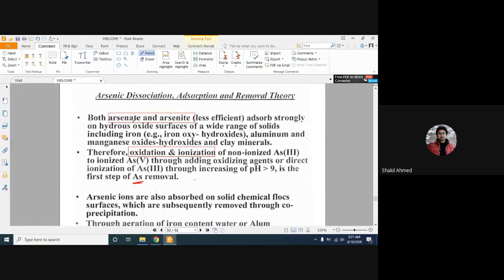Look, both arsenate and arsenite ions adsorb strongly on hydrous oxide surfaces of a wide range of solids. But when they are in non-ionized form, they cannot be adsorbed.